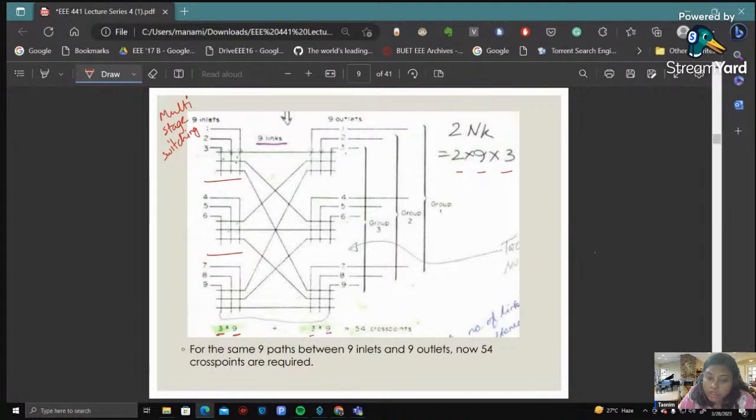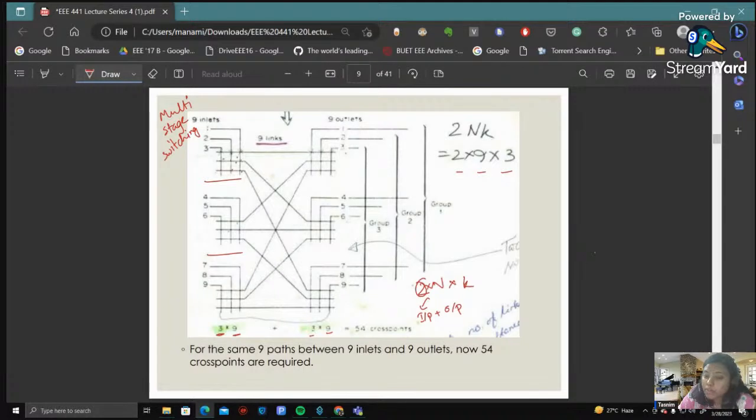So 3 into 9, and K is certainly 2, one for input and one for output, for the cross point definition. If we see, this is 1, 2, 3, 4, 5, 6, 7, 8, 9, and it repeats three times. So this is the total cross point calculation, right?